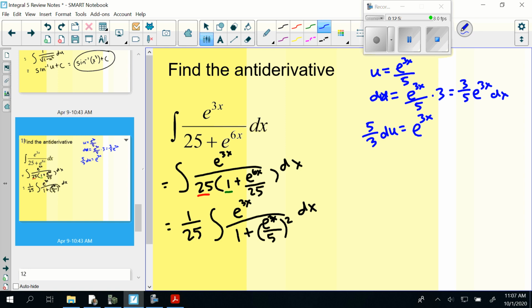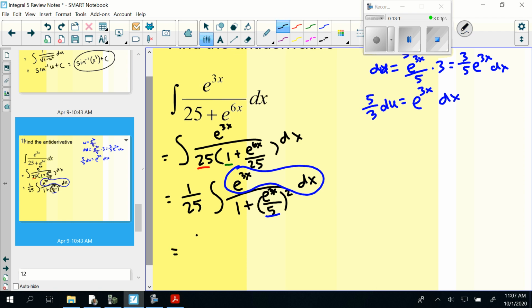Oh, and I forgot my dx on here. All right, so it looks like this right here would turn into our 5/3 du, and then we've got our substitution for u here. So making both of those, all that stuff I've got circled turns into 5/3 du.